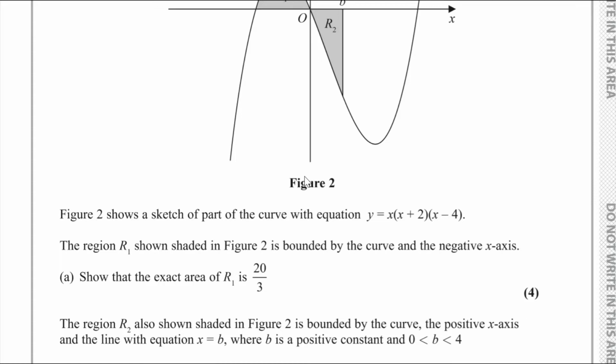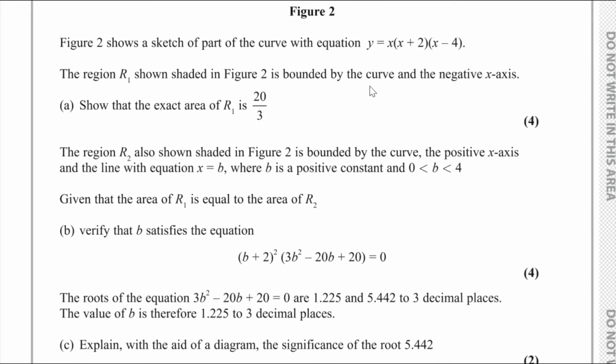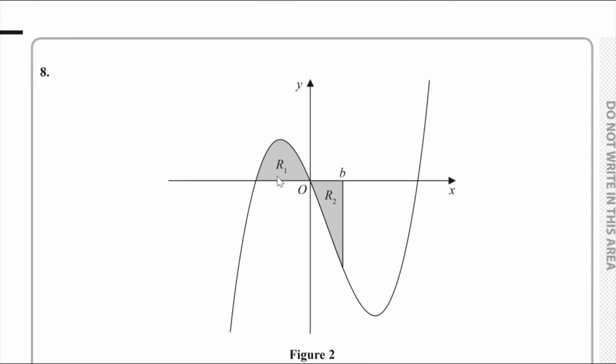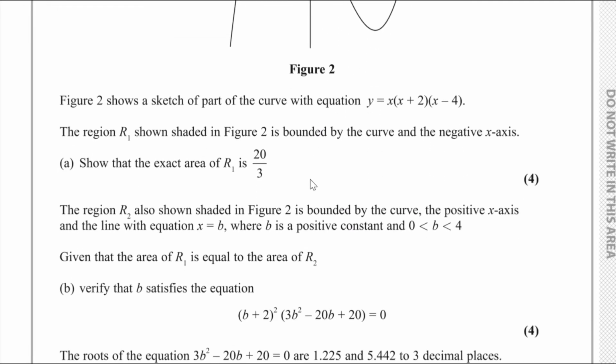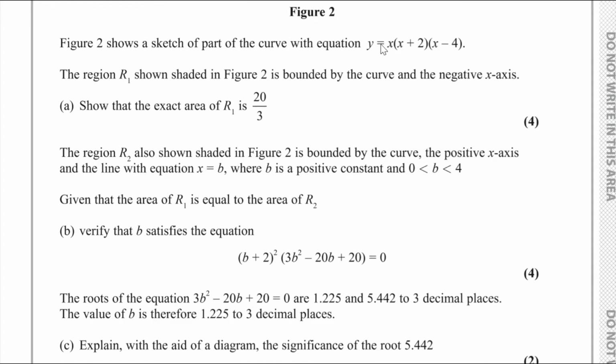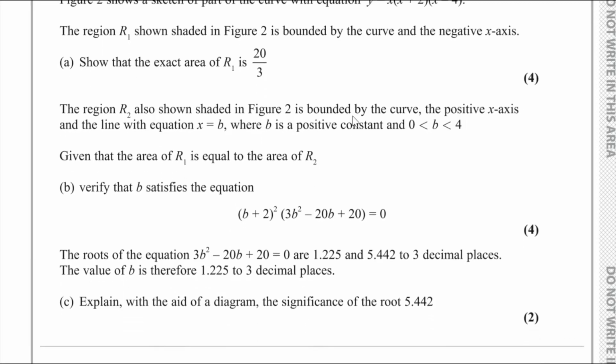Now, for part A, it's quite straightforward what we do. We wish to integrate between this point here and x equals 0. And if we expand and simplify our equation for y, we can then use that to integrate.